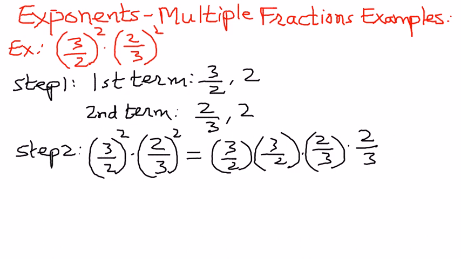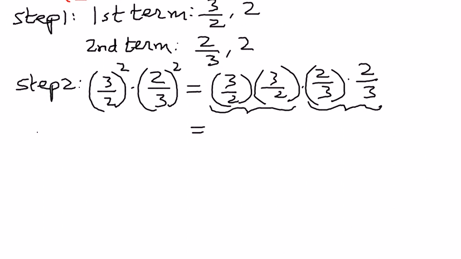And now we're going to take 2 terms at a time and simplify the math. When we simplify the math, we're going to multiply the numerators, multiply the denominators, and that is how fractions work. 3 times 3 is 9, divided by 2 times 2 is 4, multiplied by these two fractions: 2 times 2 is 4, and then 3 times 3 is 9.